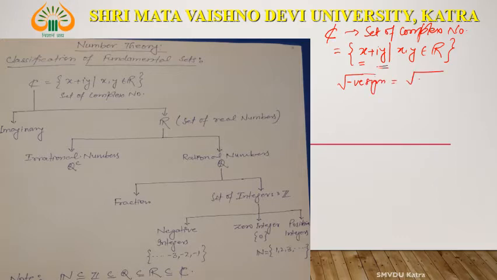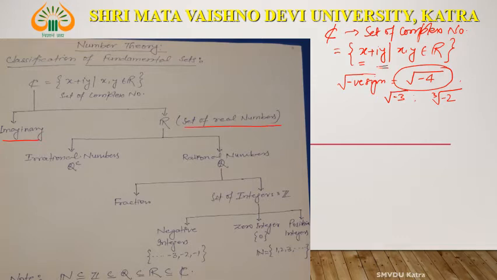For example, square root of -4 is an imaginary number. Square root of -3 is an imaginary number. Cube root of -2 is an imaginary number. Then the complex numbers are divided into two parts, imaginary numbers and the set of real numbers.